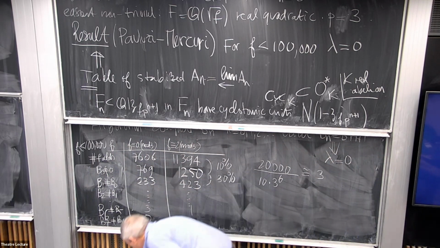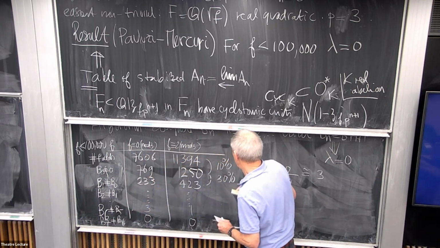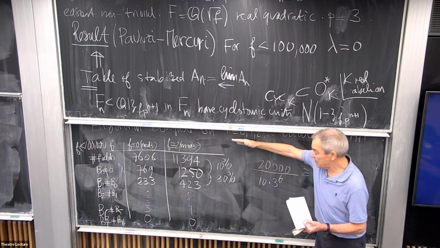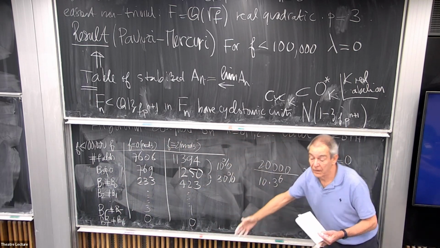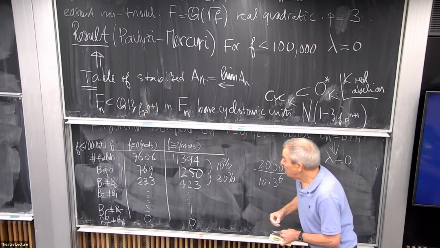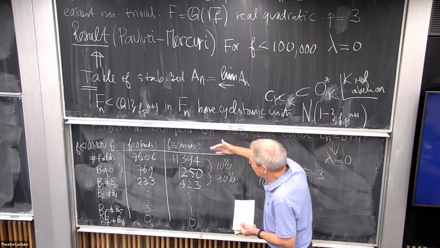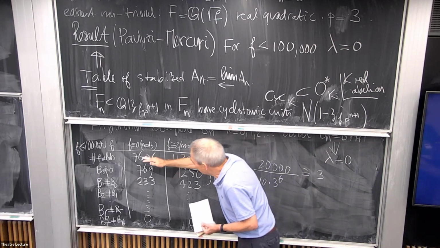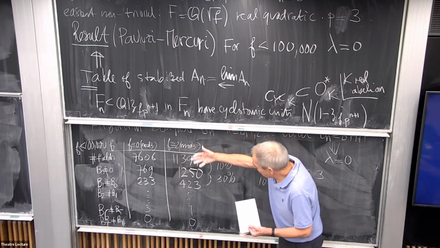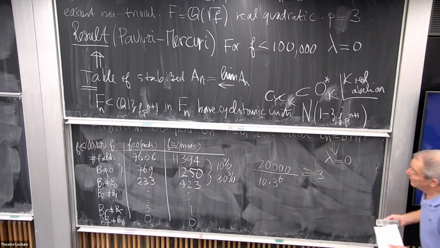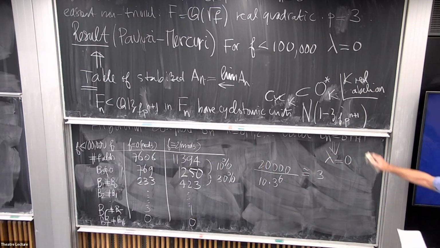I do not explain the situation for FS1 mod 3. It's a little bit different, but the statistics is exactly the same. So you really have the feeling that it is sort of random behavior, and the chances follow some kind of heuristics, and therefore lambda should always be 0.